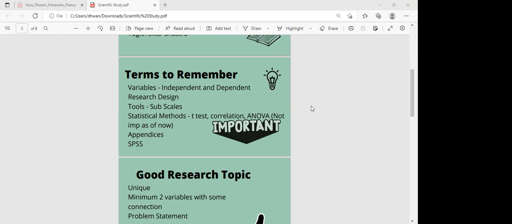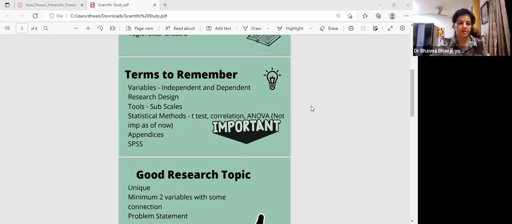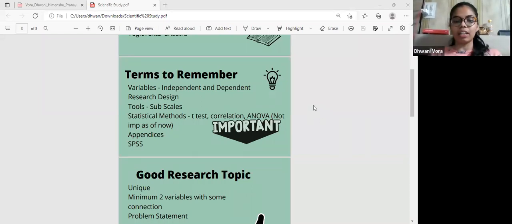All right. Repeat once again. There are two main types of variables: independent variable and dependent variable. The independent variable is just there as it is, for example yoga or meditation, anything. The dependent variable is something which is going to give its result based on the independent variable.